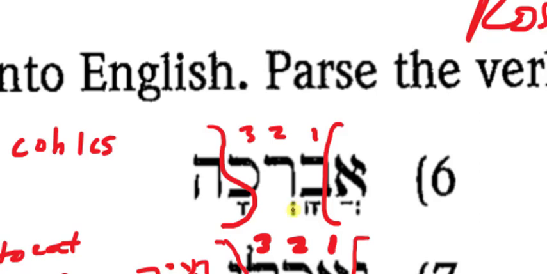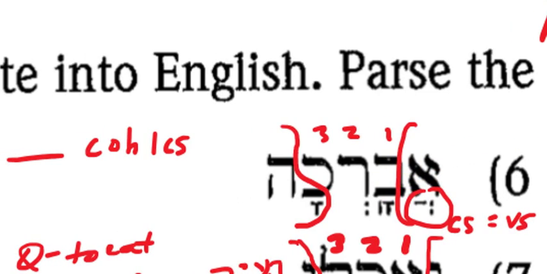But what stem is it? Well, is it the qal? What kind of shewa is this under the prefix? That's a compound shewa, which is a kind of vocal shewa, right? So which stems get vocal shewas under their prefixes? Piel and pual. That's right.